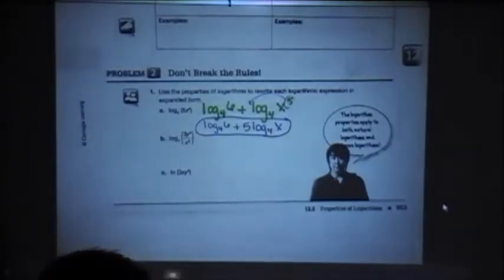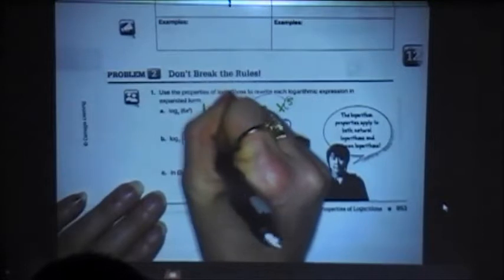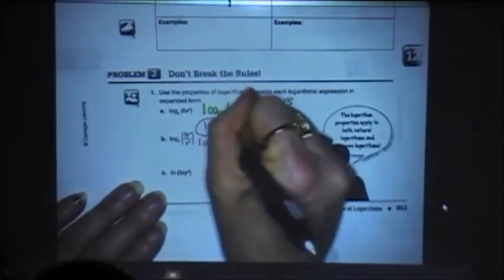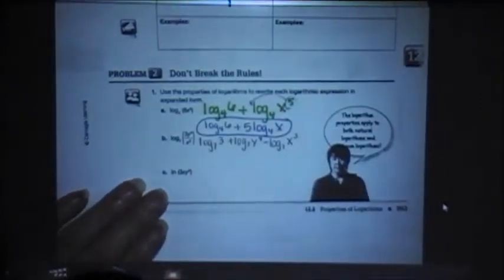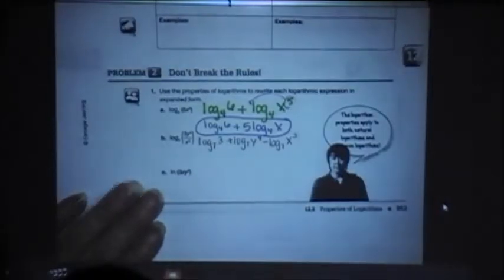So let's see. The first thing I'm going to do is write out log base 7 of 3 plus log base 7 of y to the 4th minus log base 7 of x to the 3rd. Now you're not finished because I have those 2 exponents that can be moved to the front.